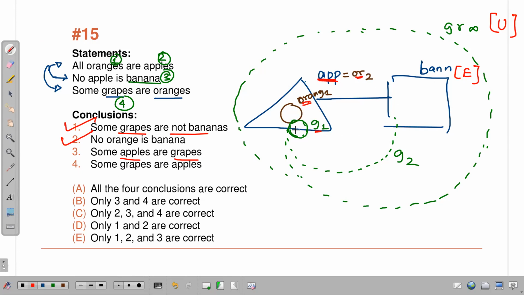Because some of the grapes are always going to be orange, and all oranges are apples, some of the grapes are always going to intersect this apple. So that's true. Then some grapes are apples, because isn't this the reverse of this? Some apples are grapes and some grapes are apples. So I think this is also true, and therefore all four conclusions are correct.